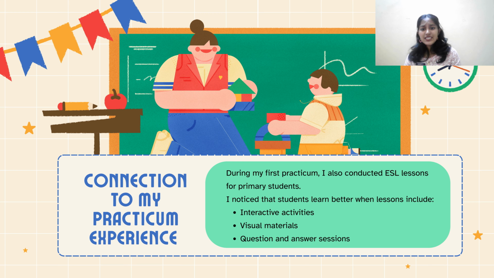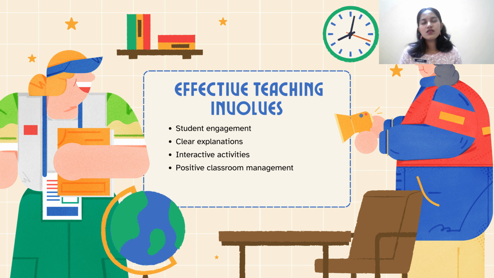In conclusion, this lesson has given me valuable insights into effective ESL teaching, and I will apply these strategies in my future classroom. So, in conclusion, reflective practice plays an important role in improving teaching effectiveness. By analyzing this ESL lesson using the Gibbs reflective cycle, I learned that successful teaching involves engaging students, using clear explanation, and also providing interactive learning opportunities.